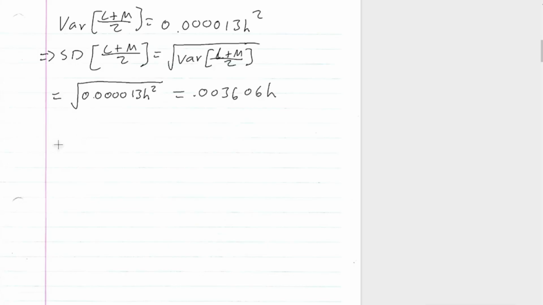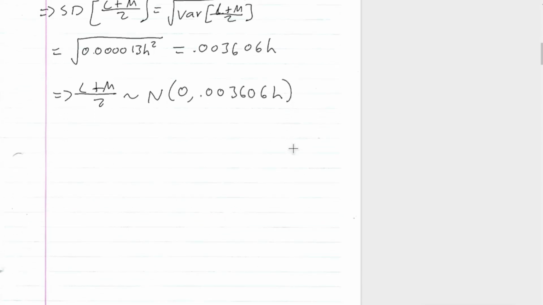All right, so now we have our distribution for L plus M over 2. It follows a normal distribution with a mean of 0 and a standard deviation of 0.003606h. All right, now let's find our probability, because we can standardize this now.